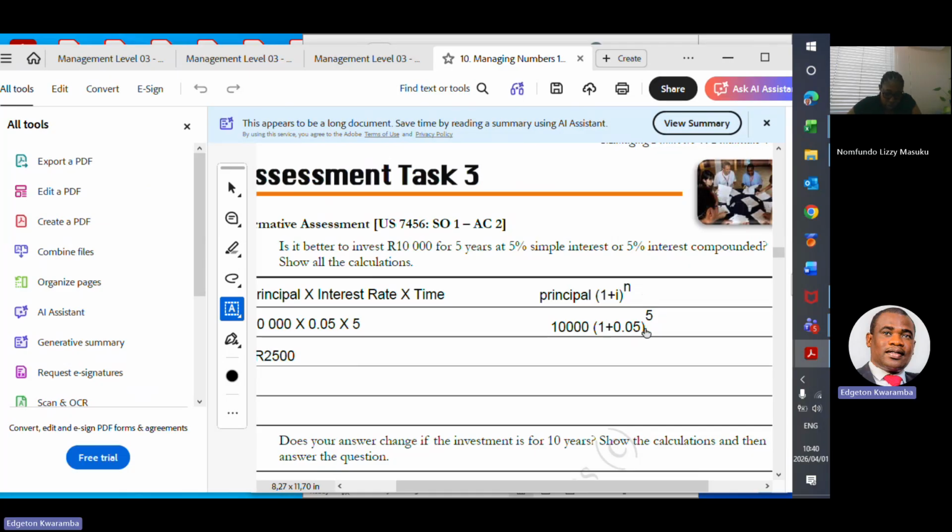So on an iPhone, will you be able to put to the power of 5? I don't know. In my whole life, I have not used an iPhone, for a long time.